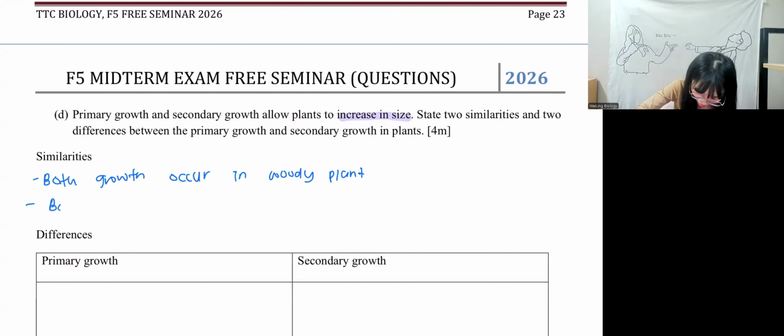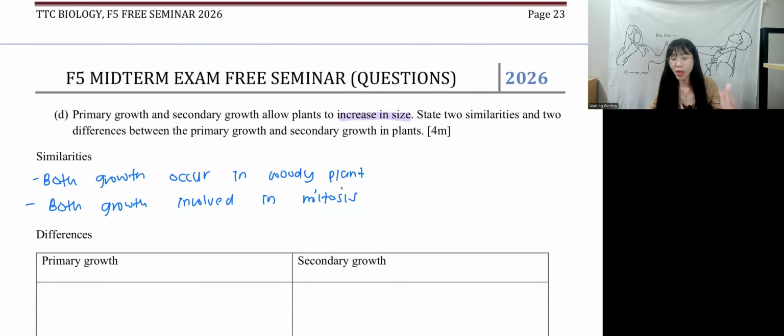Next, you're going to say both growth involve mitosis. So no matter whether they are growing taller or growing wider, it's mitosis, it's under cell division. Whenever you write similarity, you must start with the word both. If you never start with the word both, your answer is not correct.